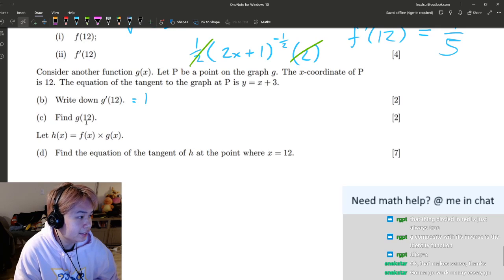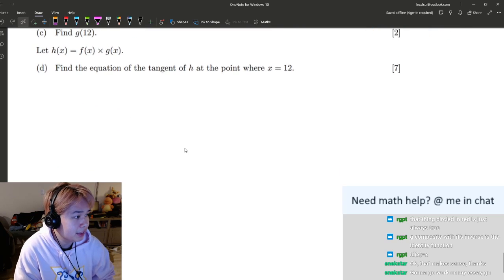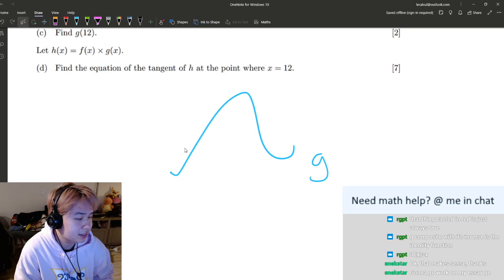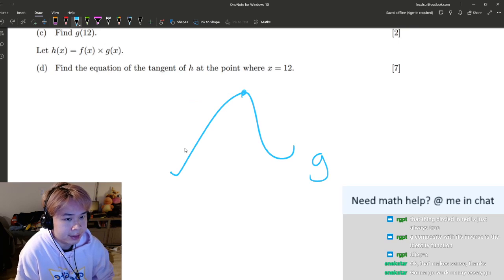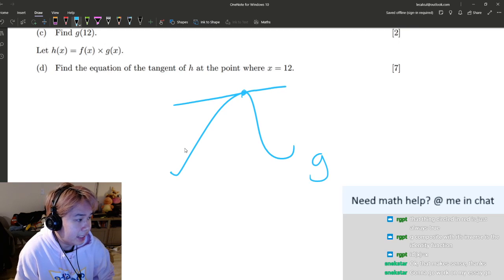And then find g of 12. So this one's a pretty common one that people get stuck on, because essentially there's no actual expression for the function of g. But you have to also remember that a tangent line, the y-coordinate of the tangent line is also the value of the function of g at that specific x value.